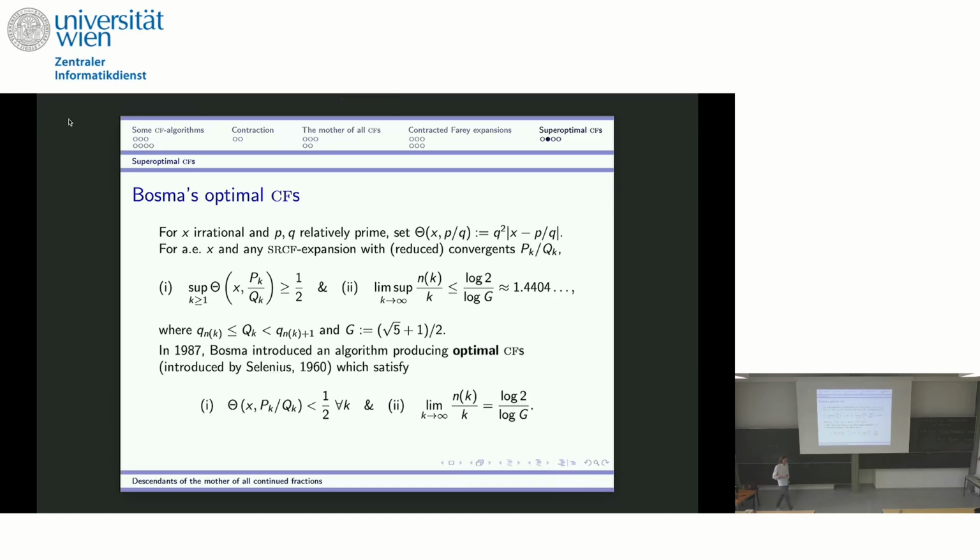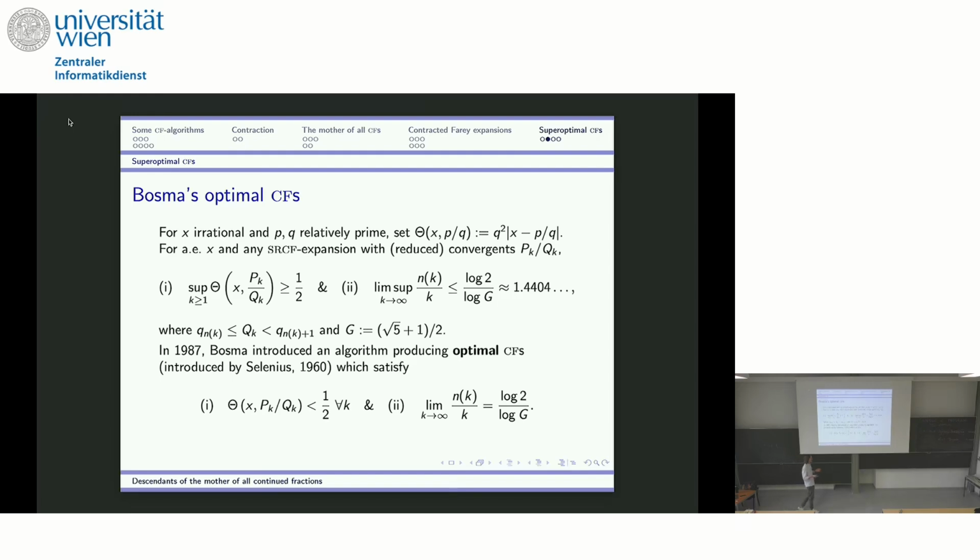So in 1987, Bosma introduced an algorithm to produce what are called optimal continued fractions. These were actually introduced by Selenius in 1960. He used this idea of singularization, again, where you start with the regular continued fraction expansion of x, and you can singularize to obtain the so-called optimal continued fractions. In Bosma's algorithm, you don't need to know the regular continued fraction expansion of x to begin with.